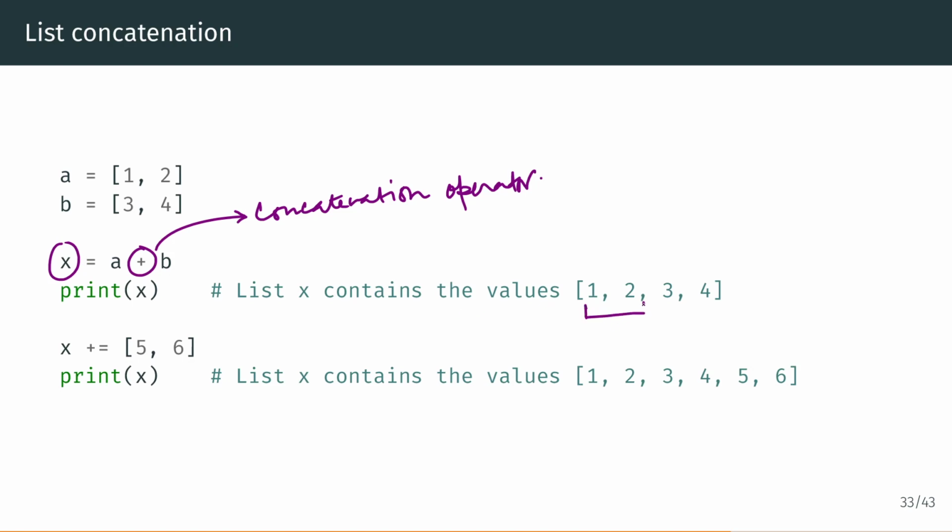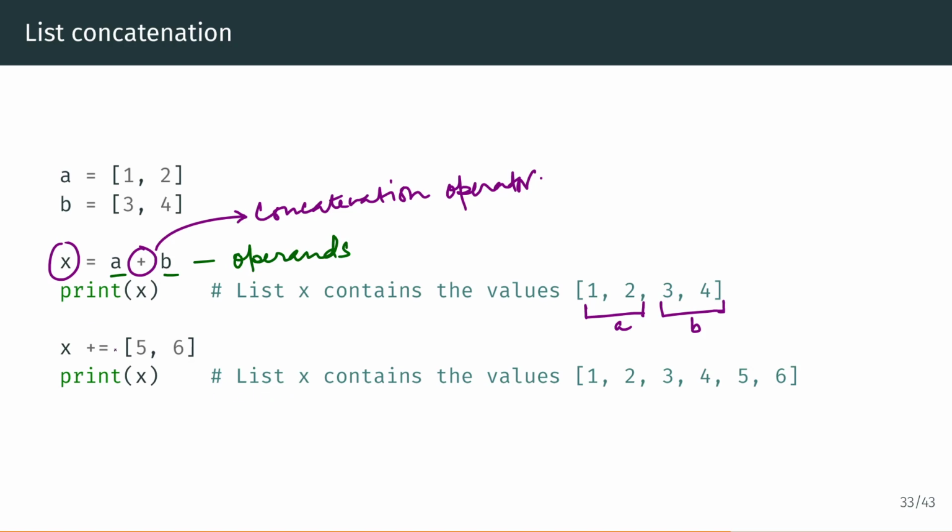The first two values are from A, the next two values are from B. Simple, right? So it creates a new list from the two lists that are the operands to this expression. This is the operator, and A and B are the operands.